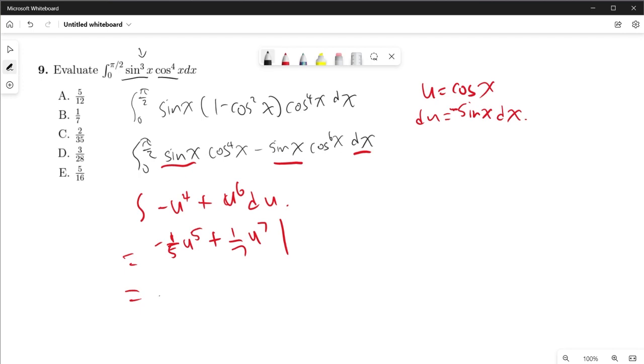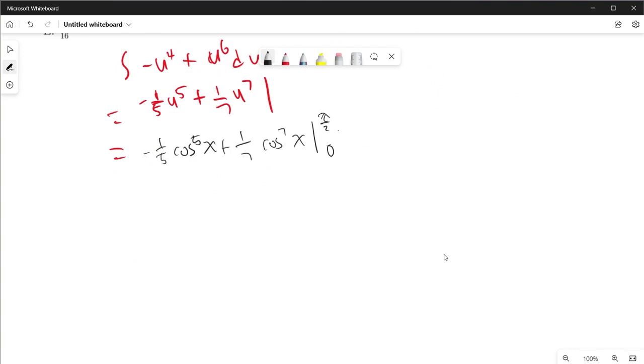So here we have -1/5 cosine to the 5th plus 1/7 cosine to the 7th, and that will be from 0 to pi over 2. Now we can plug these in, right? Cosine of pi over 2 is 0.